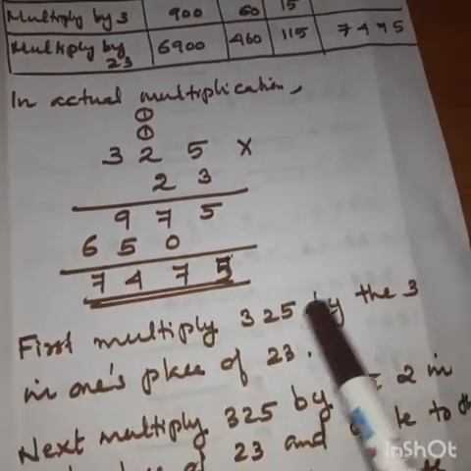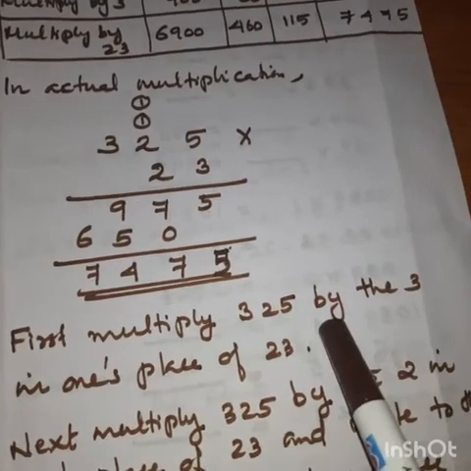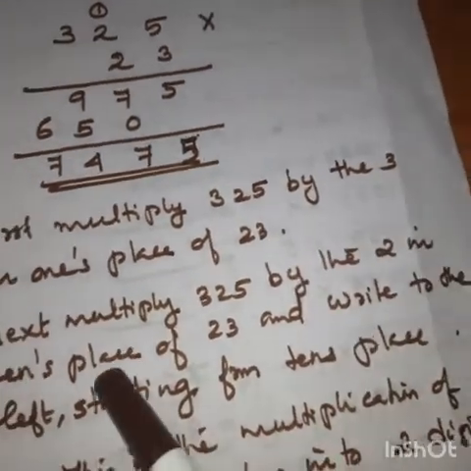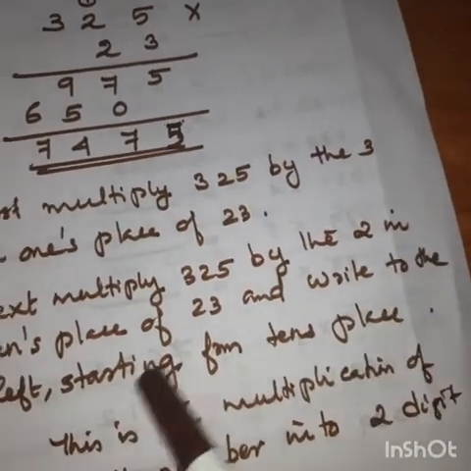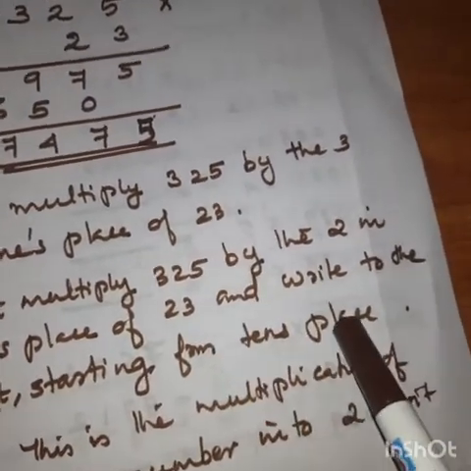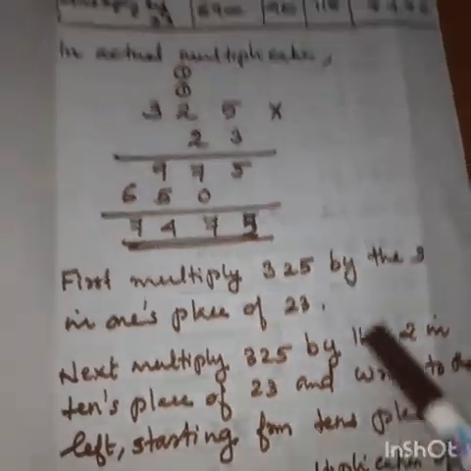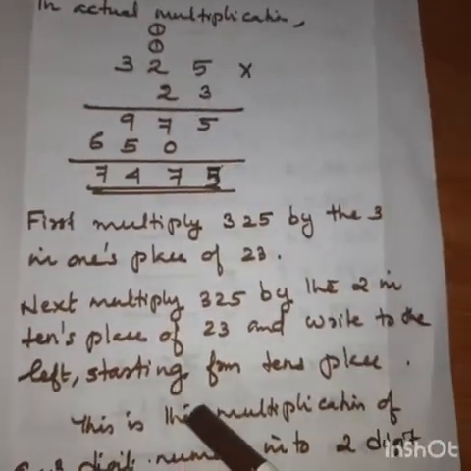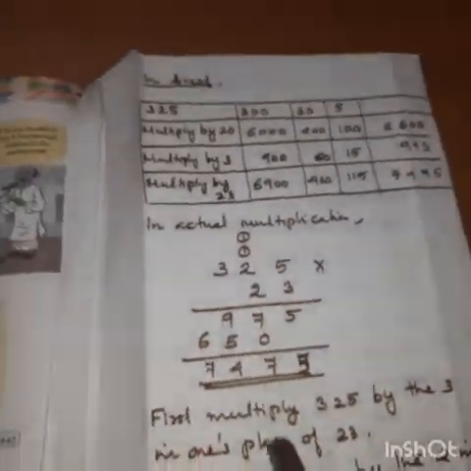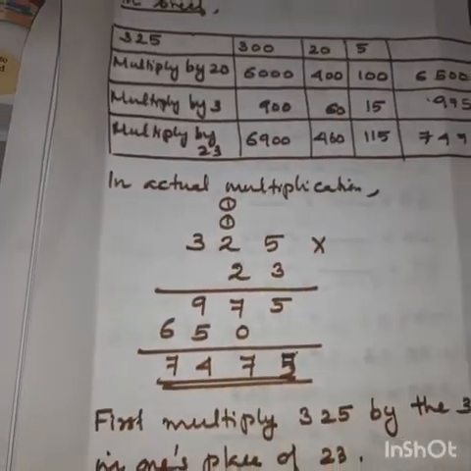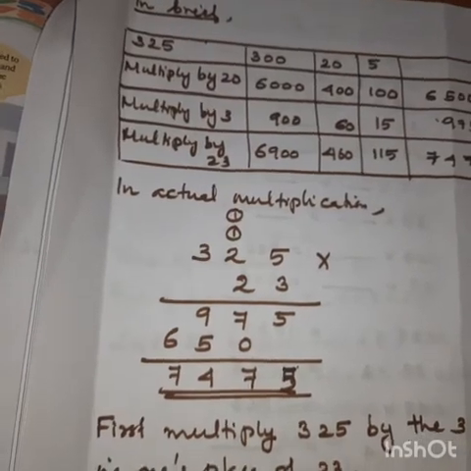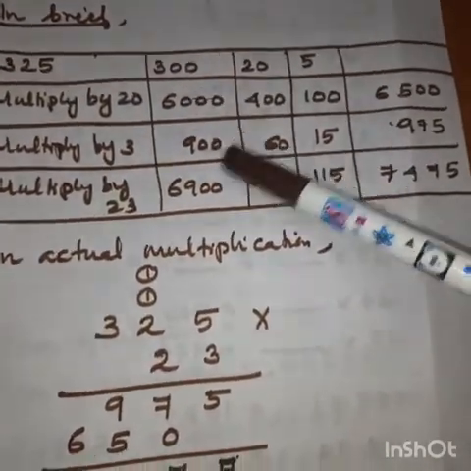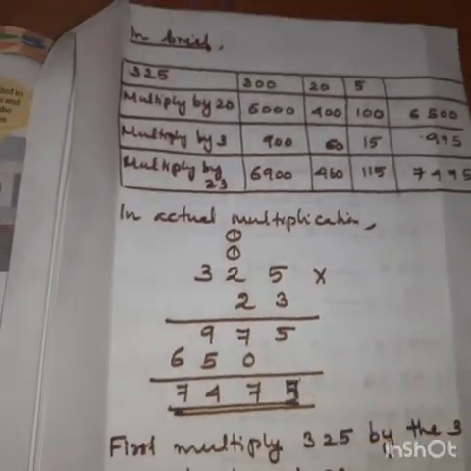This is the multiplication of a 3-digit number into a 2-digit number, and this actual multiplication we use in the future classes. This is the easy method to understand this actual method.